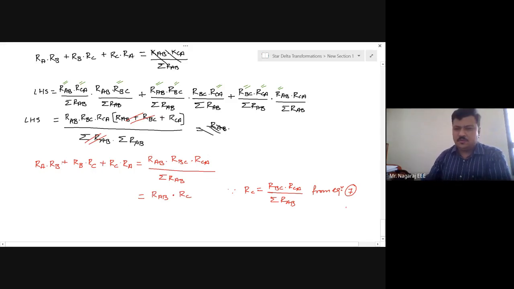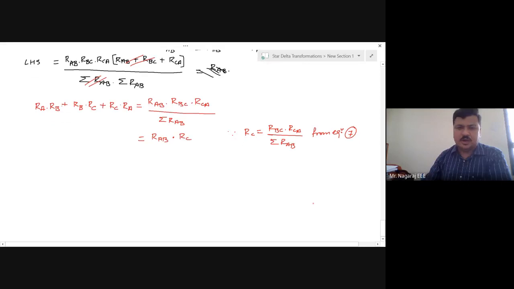So therefore RAB is equals to, I will take this RC on the other side, RA RB plus RB RC plus RC RA divided by RC.